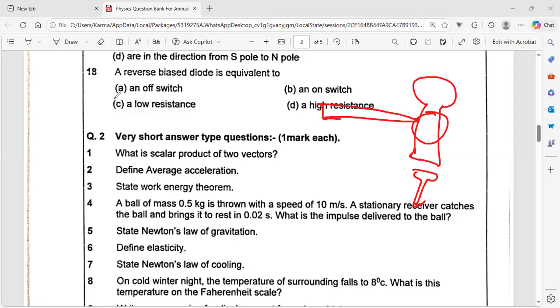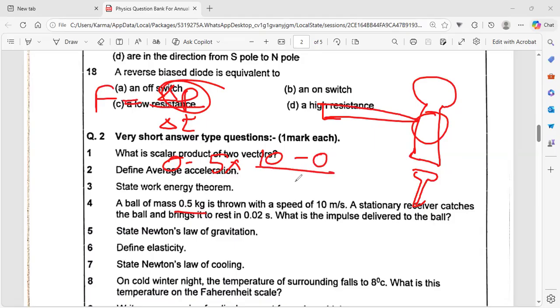So force is equal to change in momentum upon time. So only the change in momentum is referred to as the impulse, which is force into time. Force, how will I get it? Mass 0.5, 10 meters per second, and v minus u upon t, where v is 0, upon time 0.02.